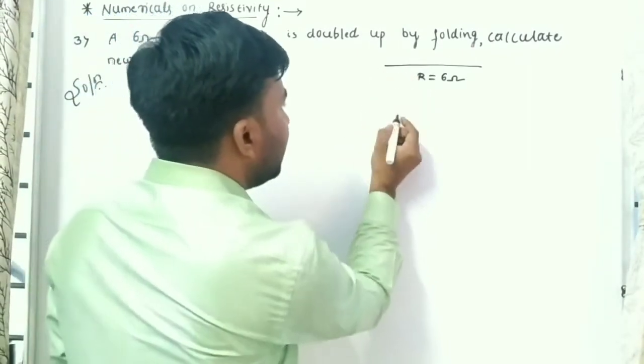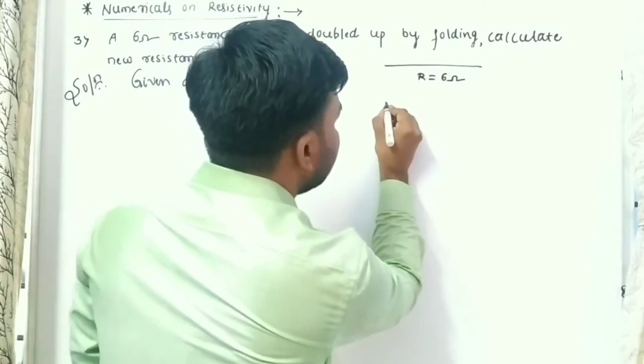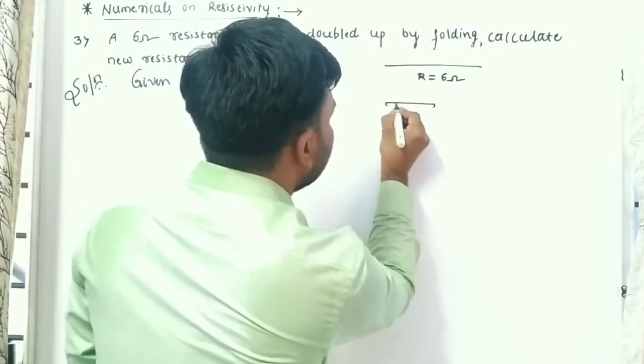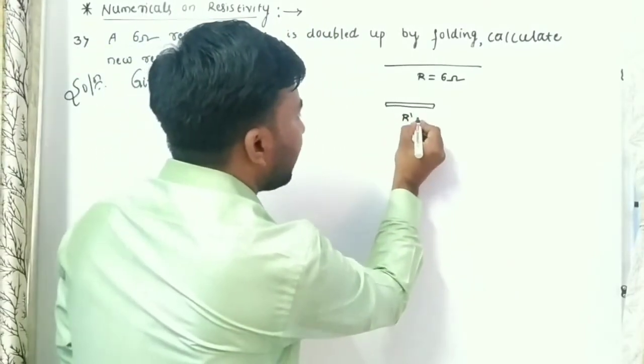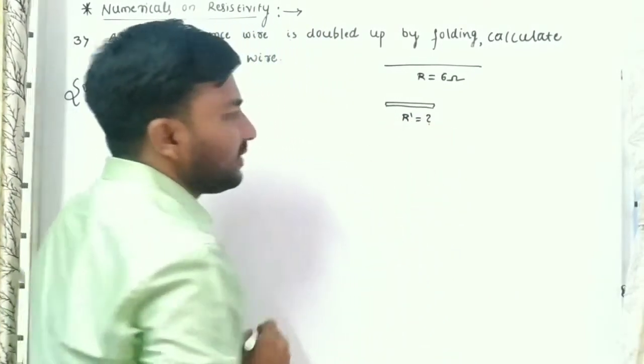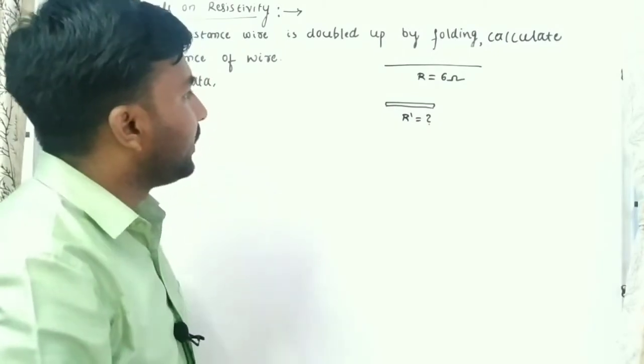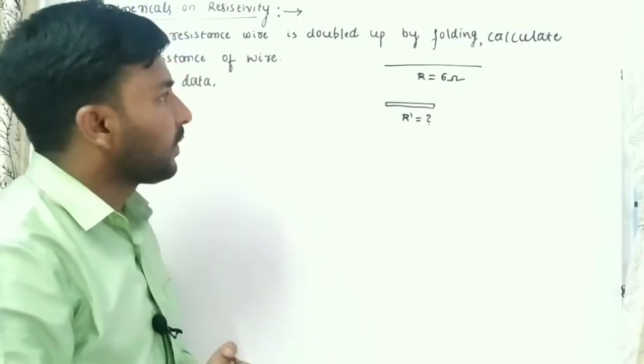So here this wire, when it is doubled, we need to calculate the new resistance of the given wire. Fine.